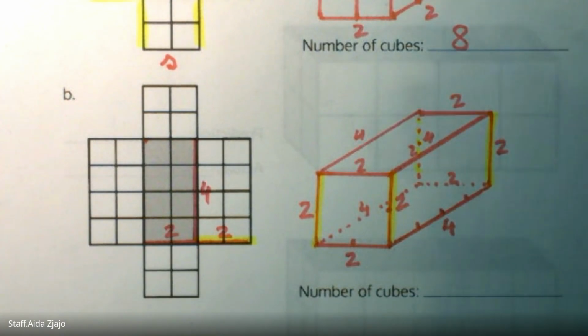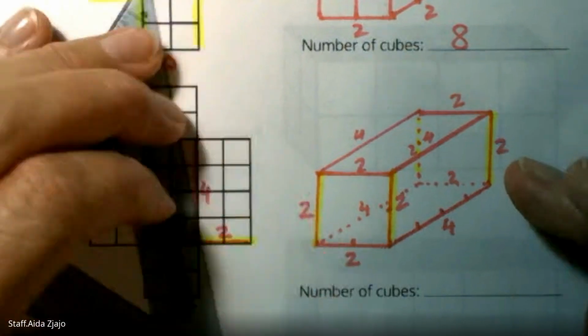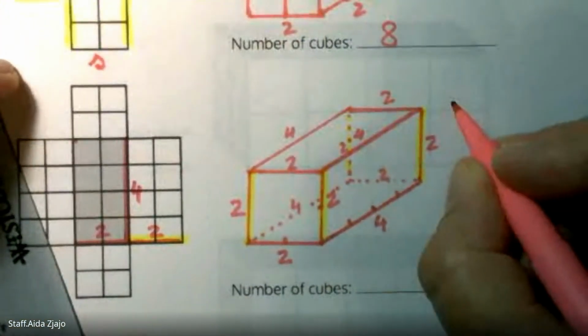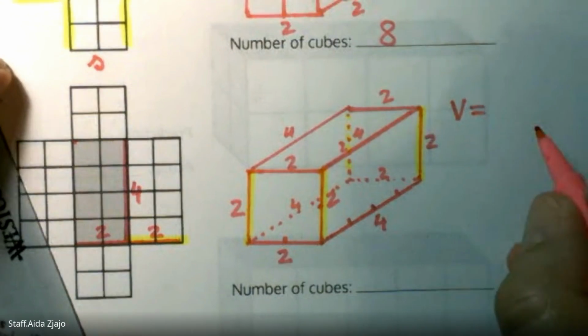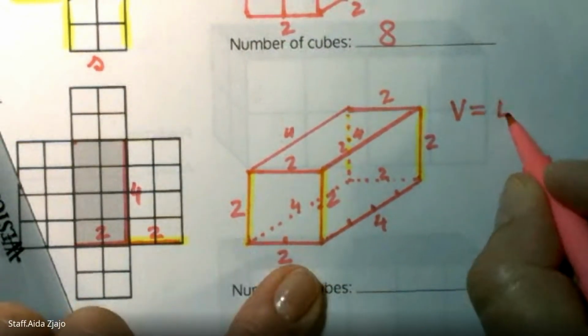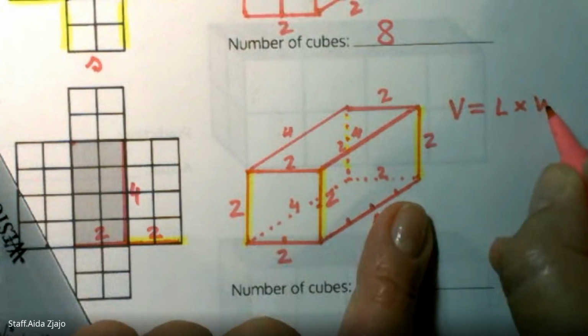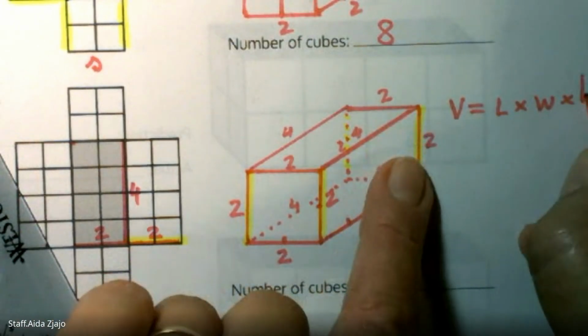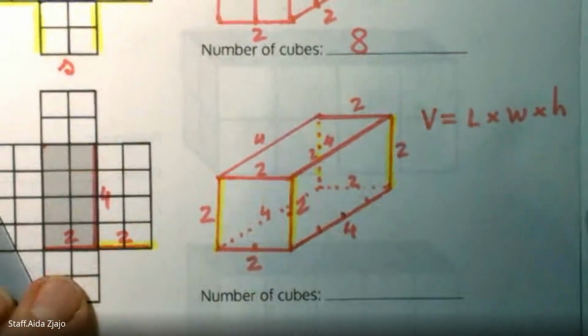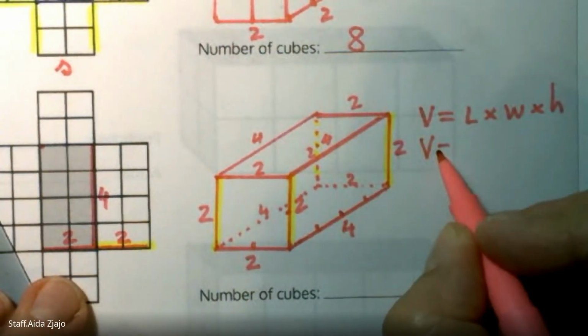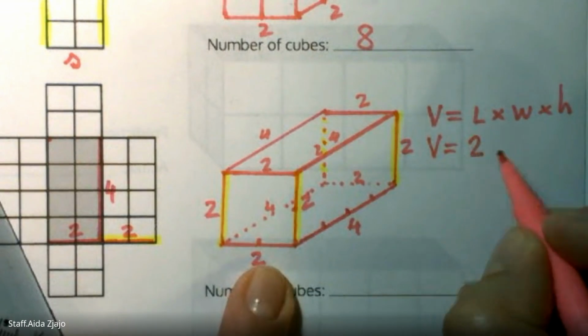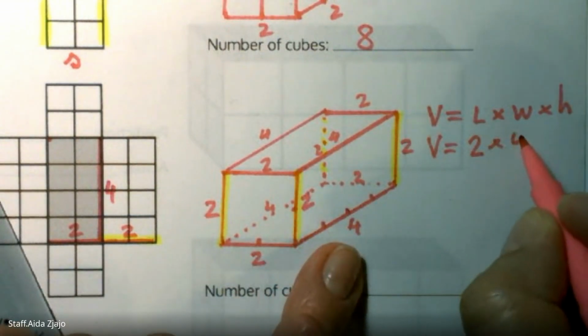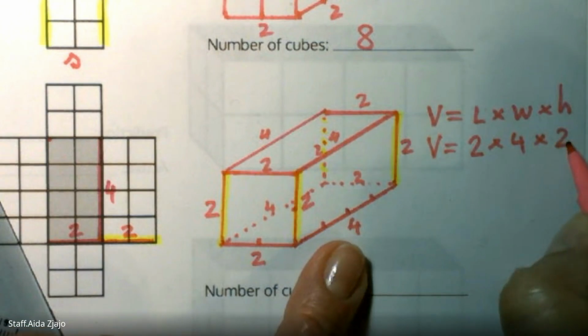So now thinking about how we can define the volume. This one is not a cube, so it has a length, a width, and a height. Instead of these variables, we're going to substitute the numbers. Length is 2 units, the width is 4 units, and the height is 2 units.